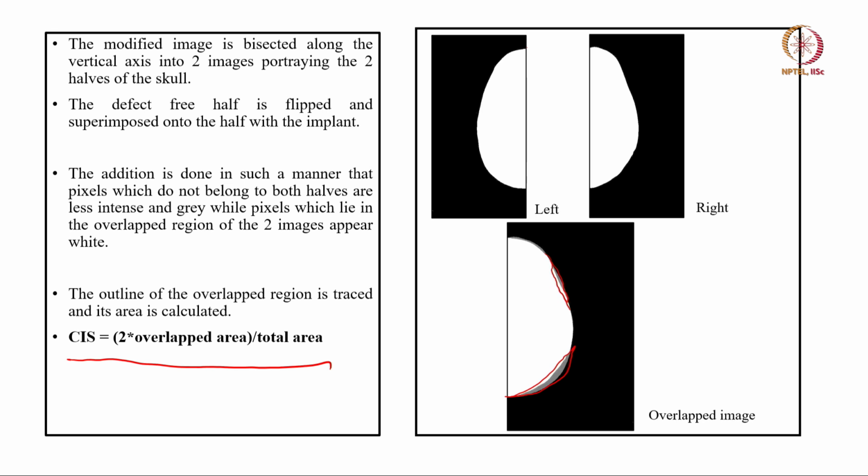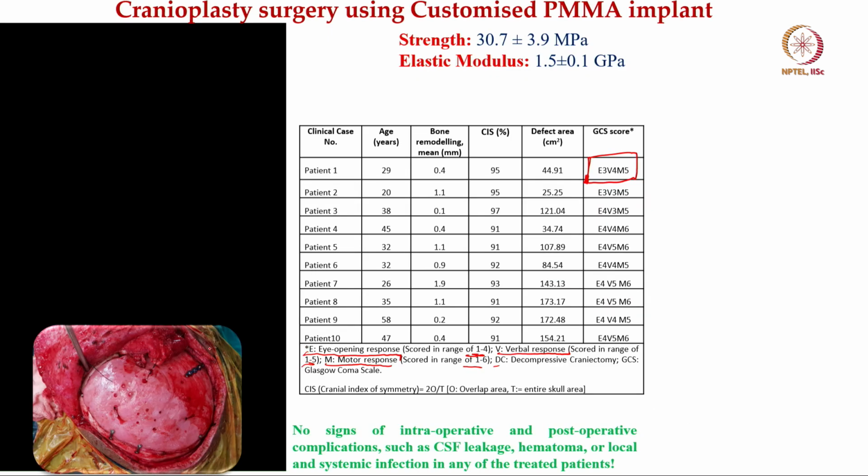Overlapped area means the area that is overlapping. This is the overlapped area, and total area includes the area which is not overlapped. This is traced and calculated, and that is the cranial index of symmetry.